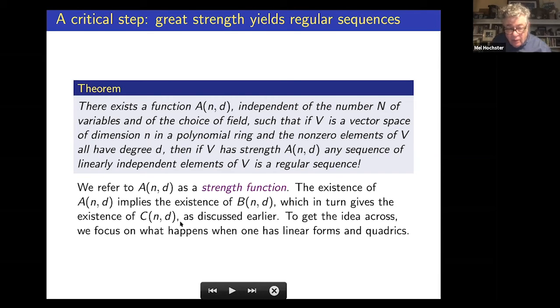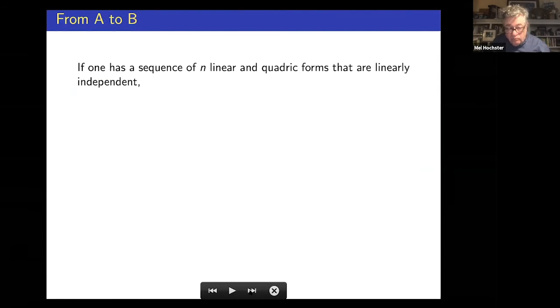And I want to get across something about the idea of why the existence of A of n,d helps you. So I want to focus on the simplest case, and the first one that Tigran and I thought about, where you have linear forms and quadrics. So you have a sequence of n linear and quadric forms that are linearly independent.